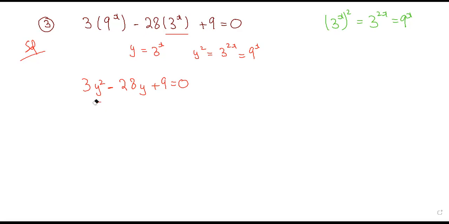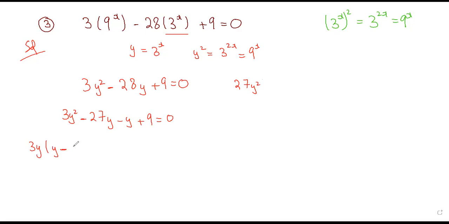Okay, all right. So let's try factorizing it. 3 into 9 gives me 27y squared. And I need two numbers such that when I multiply them, I get 27y squared. When I add them, I get minus 28y. So it would be 3y squared minus 27y minus y plus 9 equals 0. 3y can be taken common.